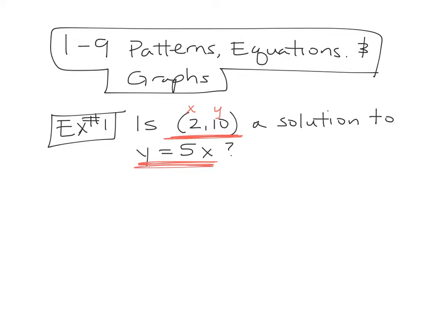Well, I know what X is and I know what Y is. So all you're doing is plugging them in the appropriate place. So if it's Y equals 5X, 10 is going to go in place of your Y equals 5 times, what's your X? 2.